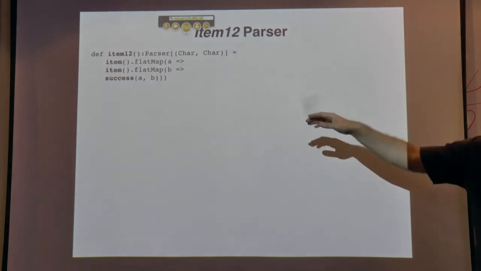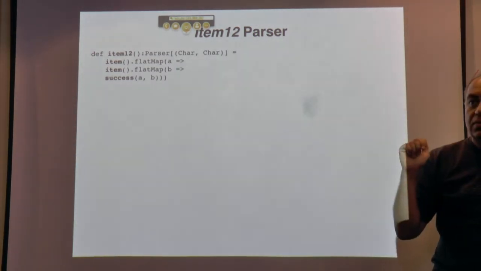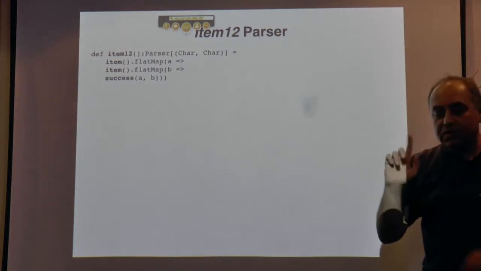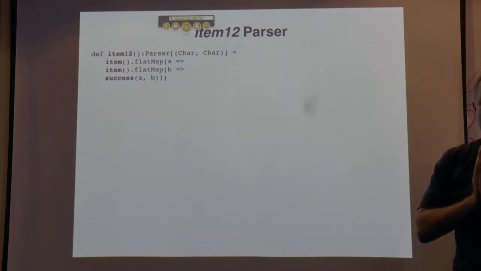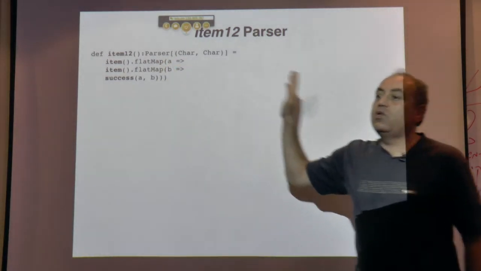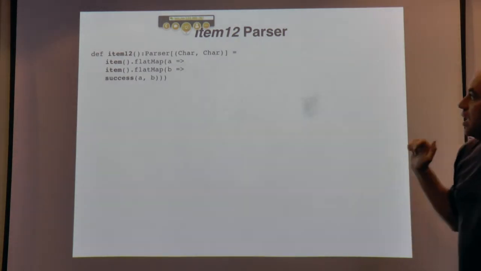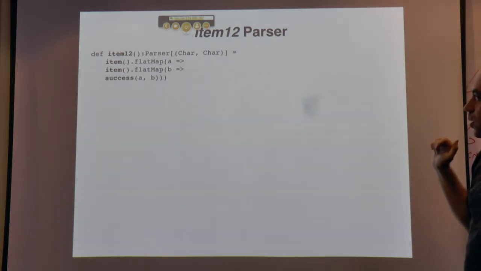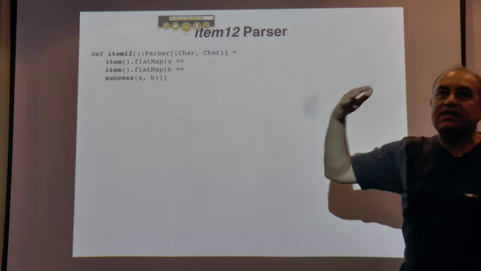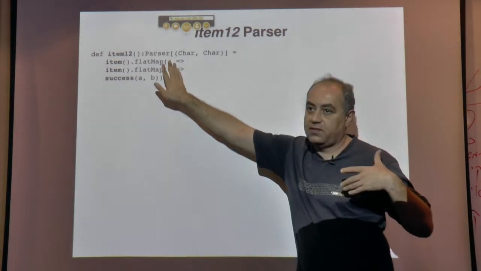What does this flatMap return? It invokes the parser, so it runs the parser. Excuse me, my question is the following: what does the flatMap return? A parser, a new parser. And what does it receive as an argument?